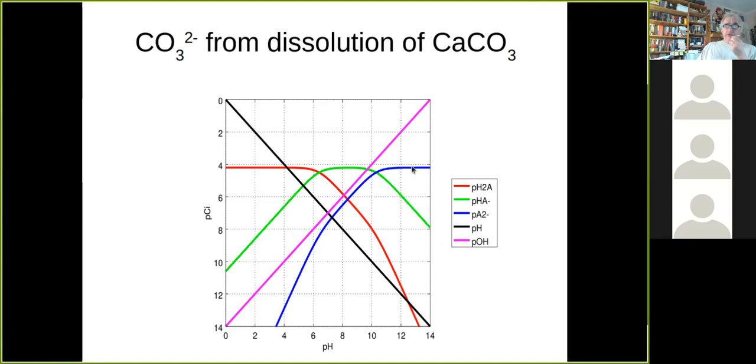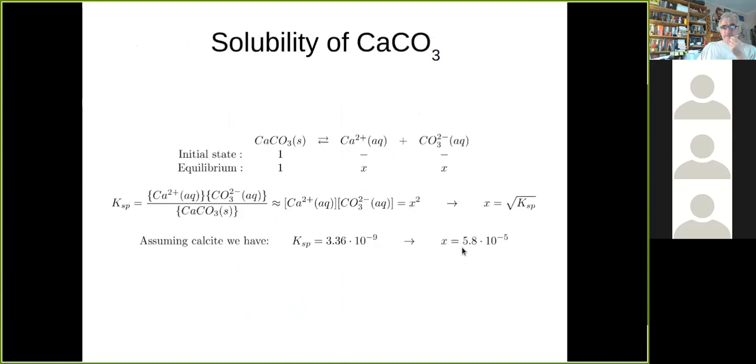From the concentration of carbonate ions that is produced by dissolution of calcium carbonate, one could construct a similar logarithmic concentration diagram for that very concentration. The X value, what was it? Let's see, 5.8 times 10 to the minus 5, and taking the 10 logarithm of that is something like 4.2 or 4.3 maybe, or minus 4.2, minus 4.3 it should be, since it is smaller than 1.